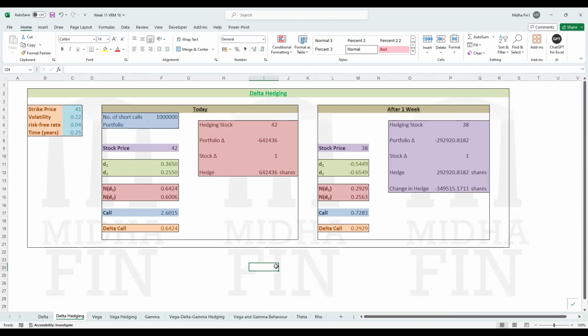Our objective is that currently I have a certain exposure. I need to add something to my portfolio so that my exposure becomes 0. I don't have my pen tablet with me right now, but I'll try to show you.